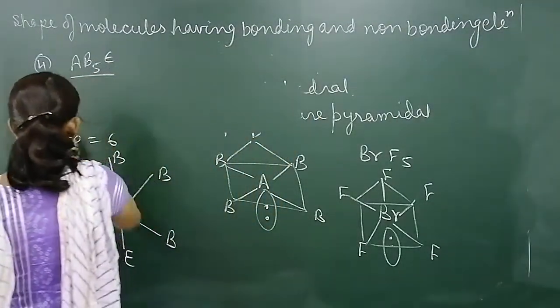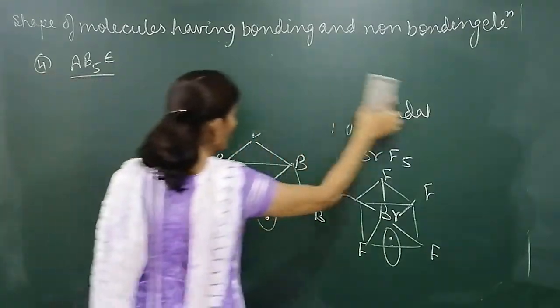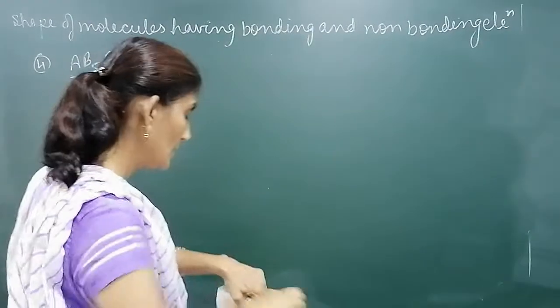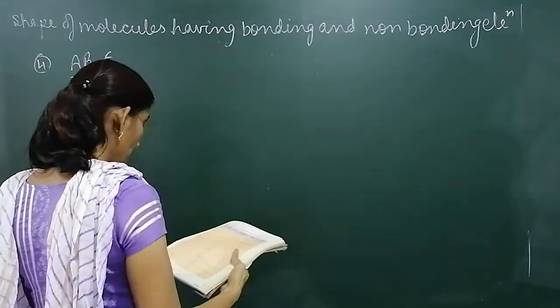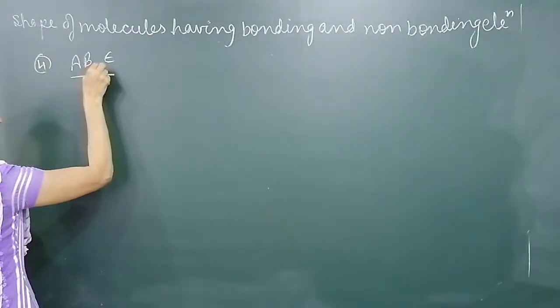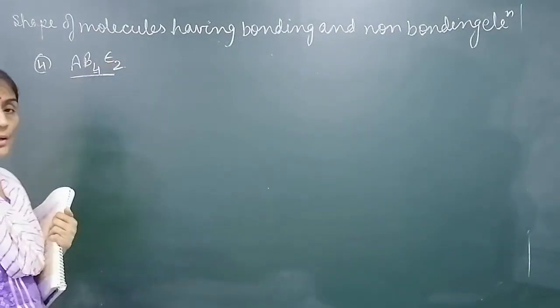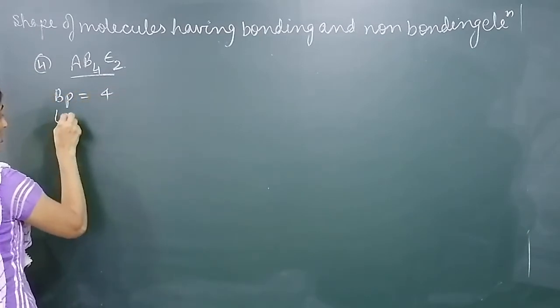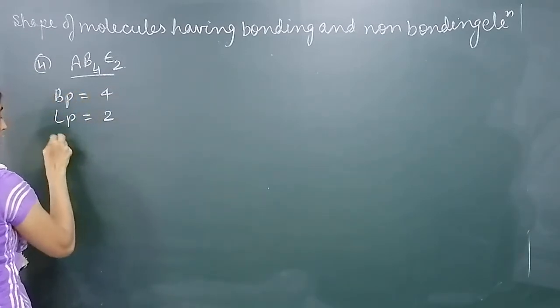Next type of molecule, after AB5E, is AB4E2. How many bonding pair does AB4E2 have? 4. How many lone pair it has? 2. Total pair 6.